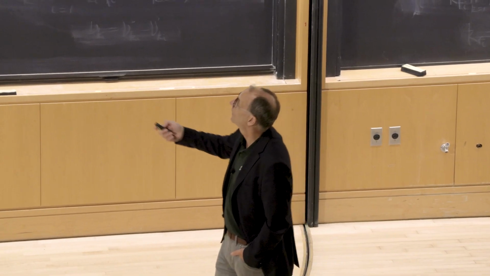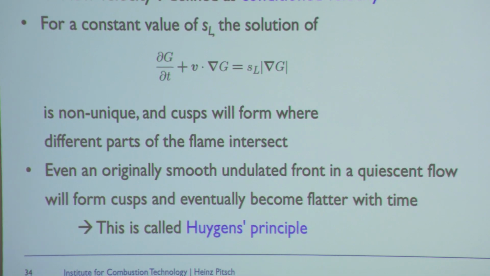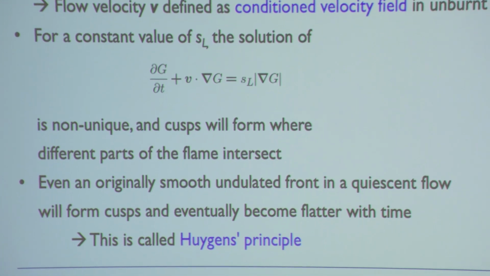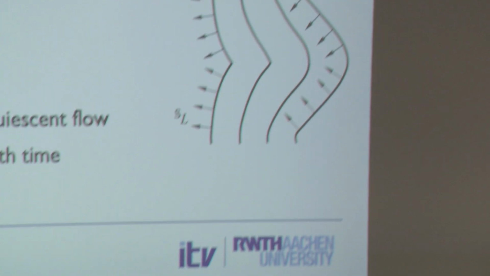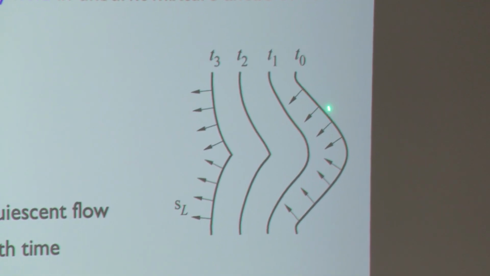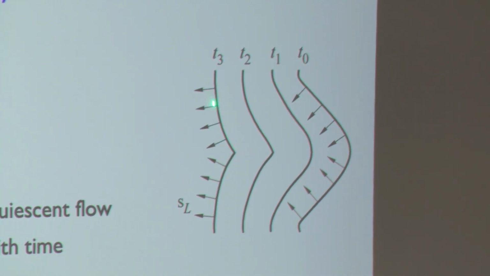And one thing that is interesting is that flames, or especially this equation here, form these cusps. If I have, at time 0, a flame that looks like this, and it burns normal to itself, then you see this curvature will get larger and larger, until you get a cusp like this.